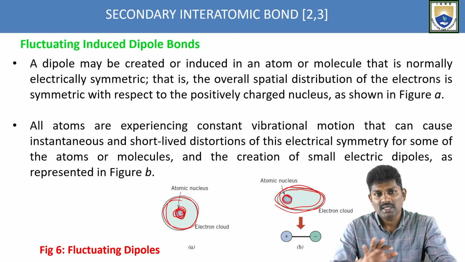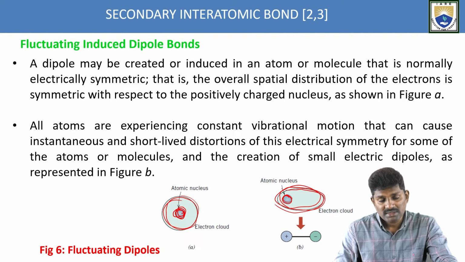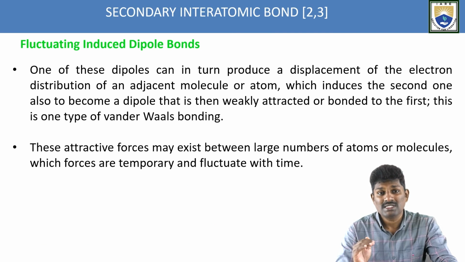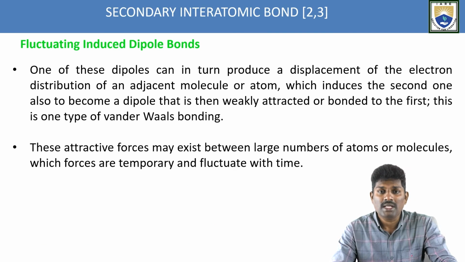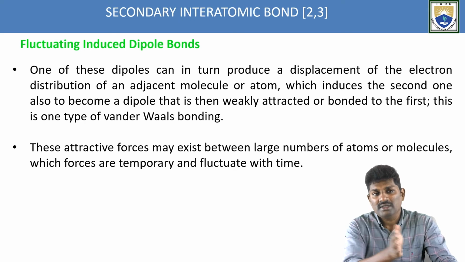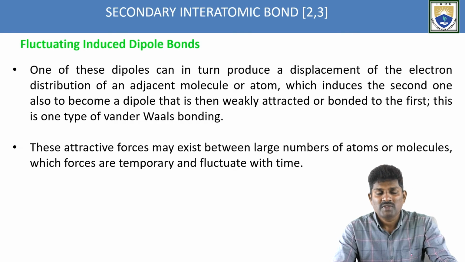This is how there is a change in the bonding energy for the secondary type. That's why it is called a fluctuating induced dipole bond. Because of these fluctuations, the symmetry is changing to another shape and there is a drift in the nuclei. That is what you get in this type of bonding.